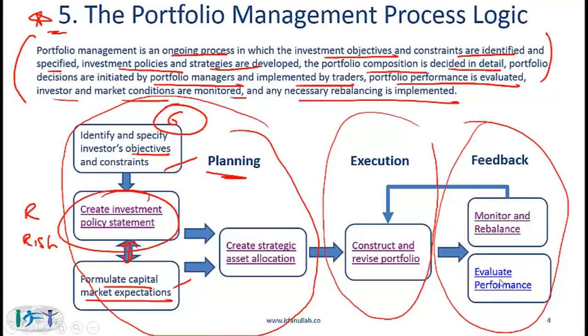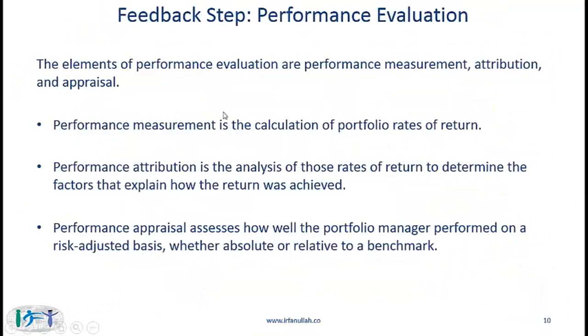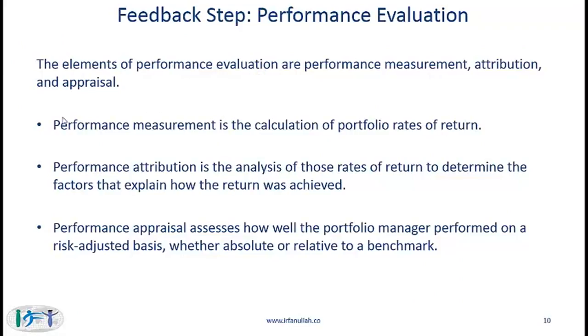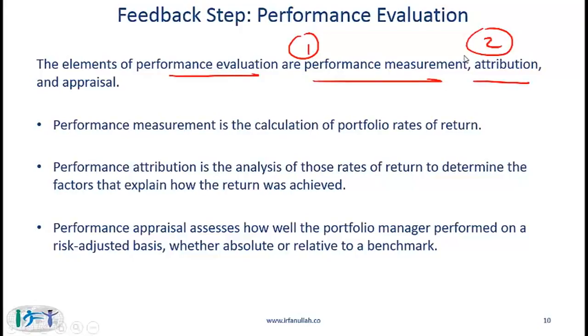And at this stage, I will just say a few basic things about performance evaluation, because this is also something that is covered in a lot more detail at level 3. Here at level 1, just remember these terms. The elements of performance evaluation are: number 1, performance measurement; 2, attribution; and 3, appraisal.